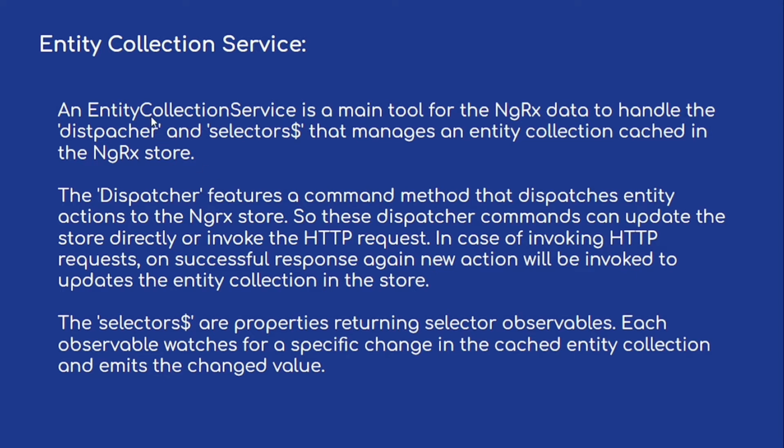Entity collection service can handle two kinds of features: dispatcher and selector. The dispatcher feature is a command method that dispatches the entity action. These are commands that are going to invoke the NgRx store actions. These dispatcher commands can update the store directly or invoke the HTTP call. These dispatchers are predefined methods. When we invoke those methods, actions automatically get invoked. Once an action is invoked, it triggers the API call.